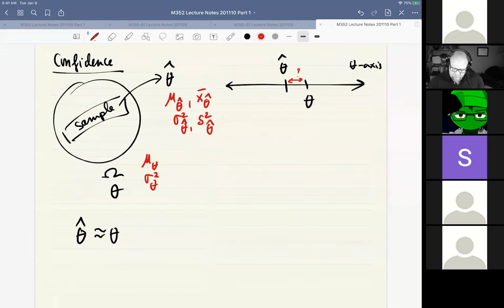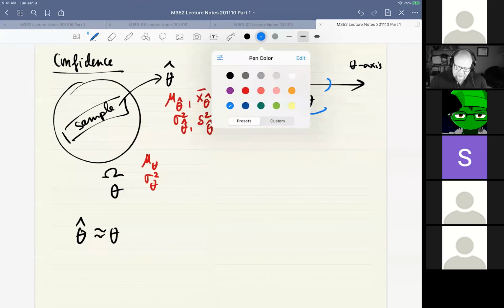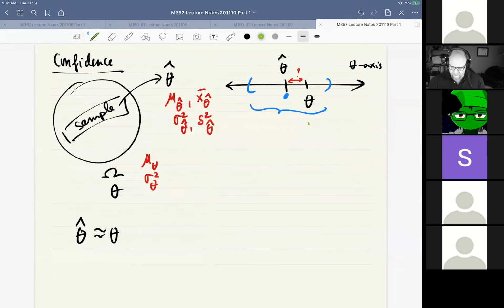Generally what we do in statistics is take our estimator and create an interval around that sample statistic. Sometimes it's centered on the parameter, but let's center it on our sample statistic. That's an interval where we're pretty confident it contains the real value of the parameter.